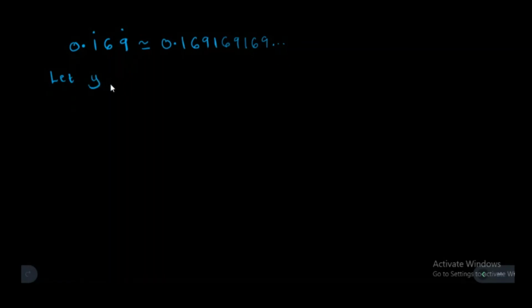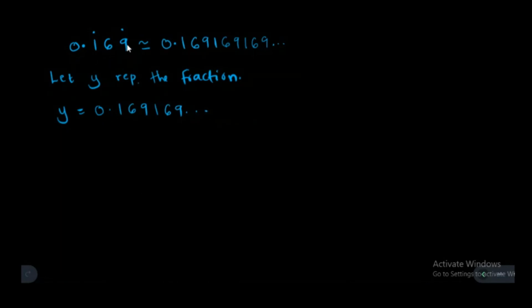So let y, so this time around I want to use y. Let y represent the fraction. So we are going to have y as a fraction, and changed to a decimal it should be 0.169 recurring.